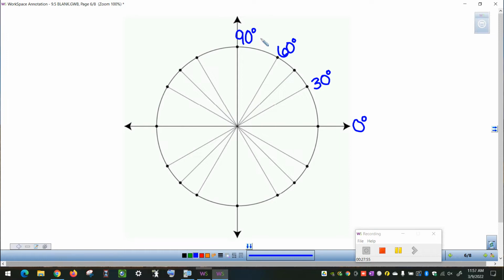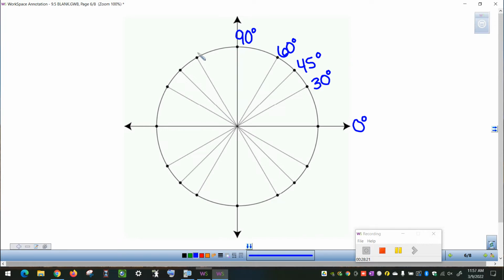So can you tell me how many degrees we would label this line here that's cutting through the center? Yeah, exactly halfway between 30 and 60. So if one full jump is 30 degrees, well, if we're only going halfway, it's just going to be half of 30, so we're only going up 15.